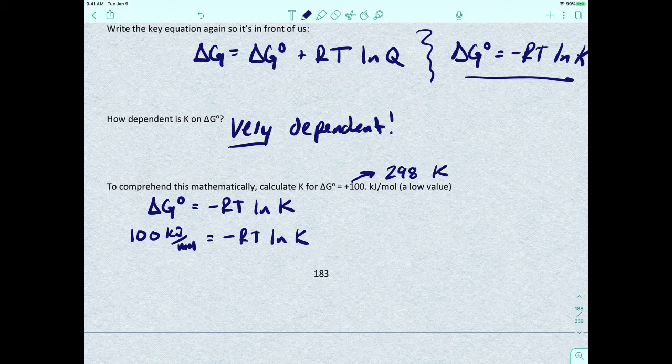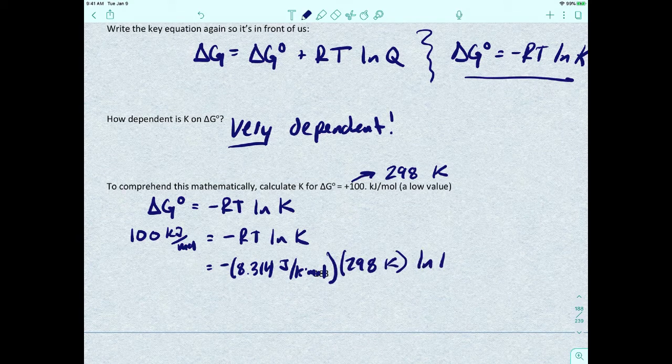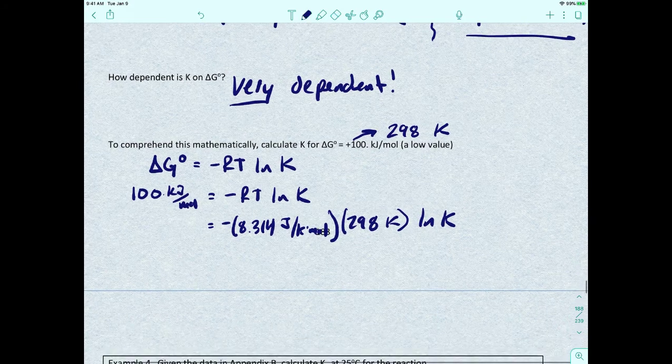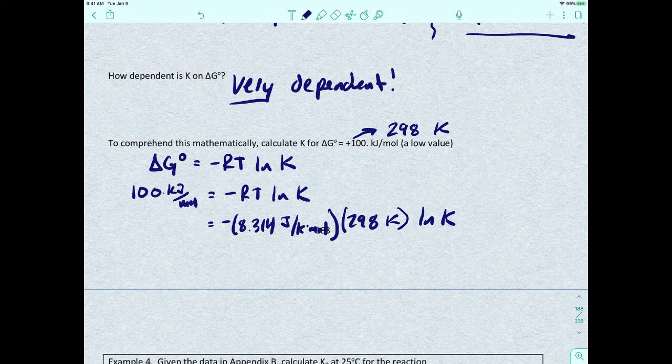So putting this all together, R is going to be 8.314 joules per K mole. T is 298 K, and we're going to solve for the natural log of K. Now, because 8.314 joules for the R value doesn't match with 100 kilojoules, let's convert that 100 kilojoules to 100,000 joules per mole.